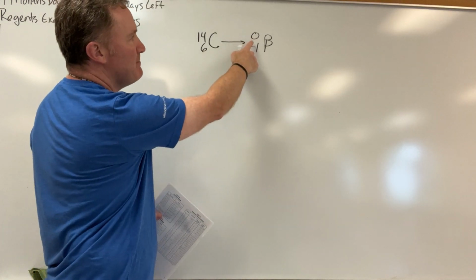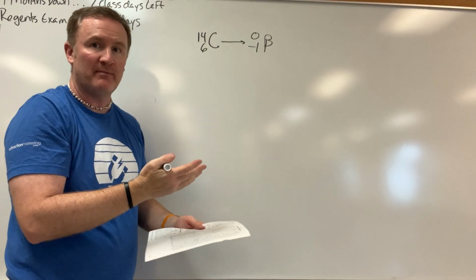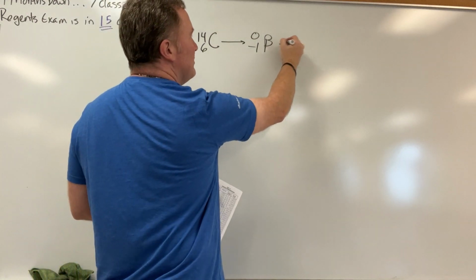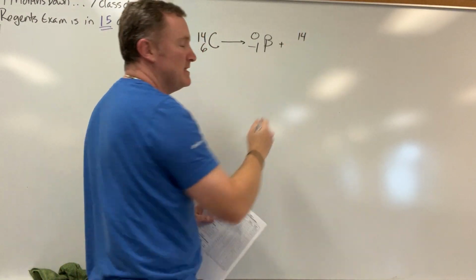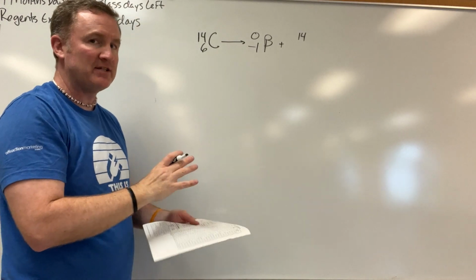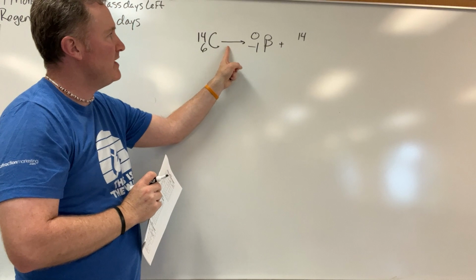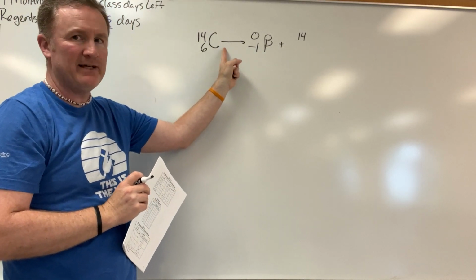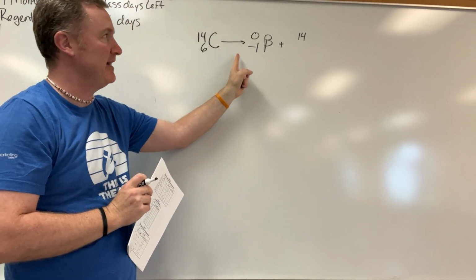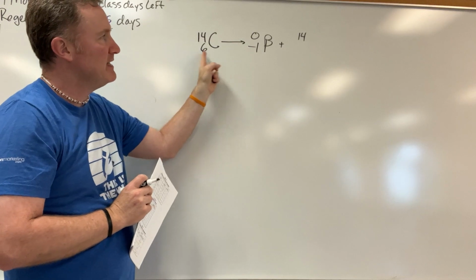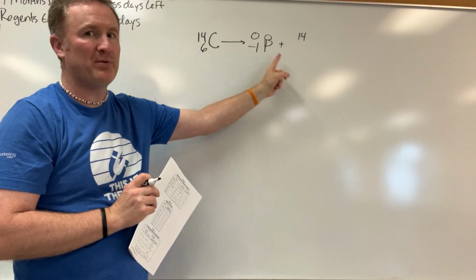So I didn't lose any mass because the beta particle or the electron basically weighs nothing. So my new mass is still 14, okay? The mass did not change. What does change though is my charge. And what we have to remember, this arrow basically represents an equal sign. So 6 is equal to -1 plus something.